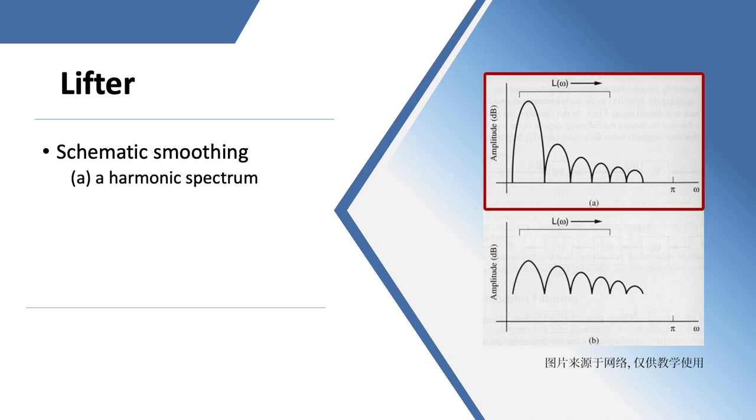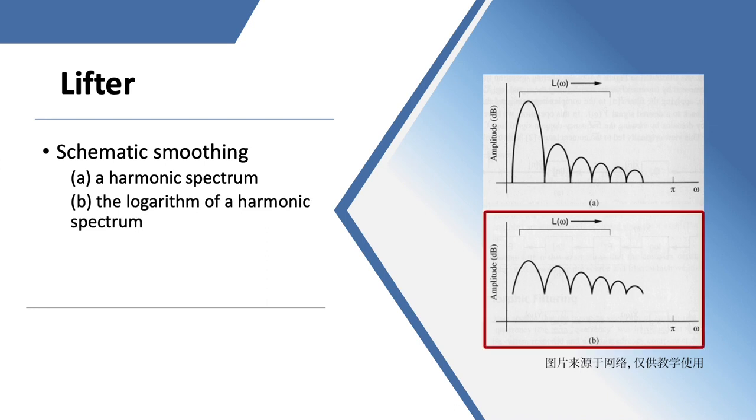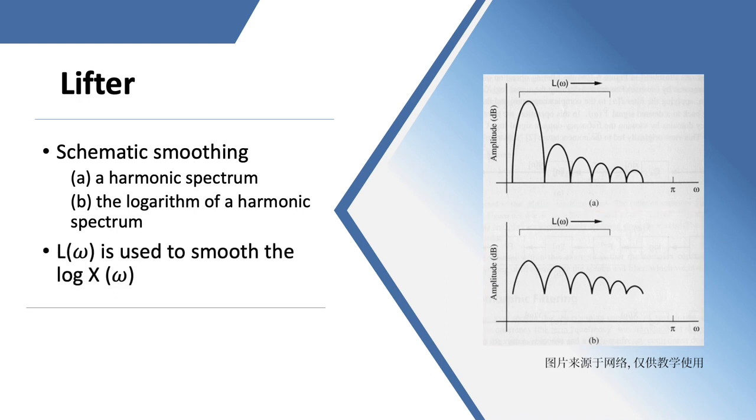Figure A is a harmonic spectrum. Figure B is the logarithm of a harmonic spectrum. Lifter L(omega) is used to smooth the log X(omega). It is also regarded as a logarithmic compression operator.